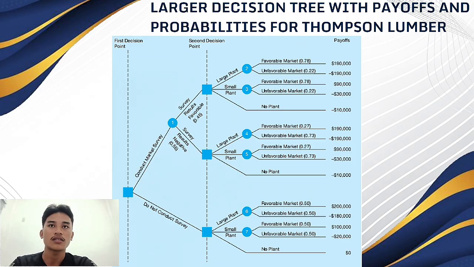However, the second decision point is the large plant, small plant, and do nothing. For our line segment or the state of nature node, there is the favorable market and unfavorable market. So there is the possible outcome or the probability and then the payoffs.